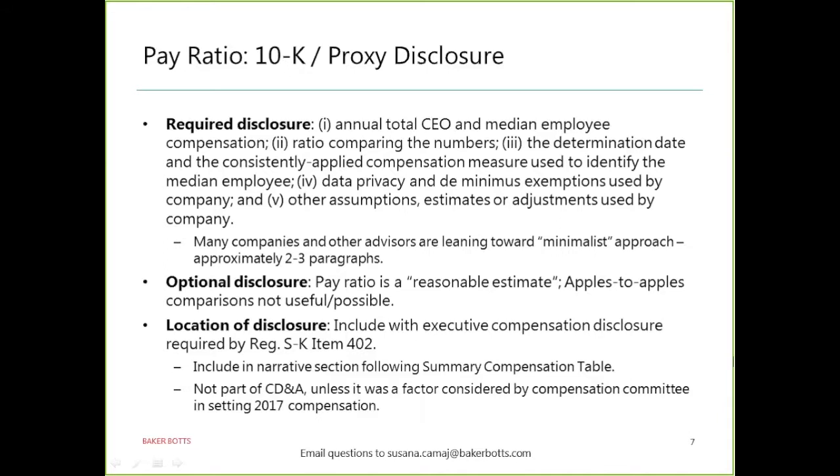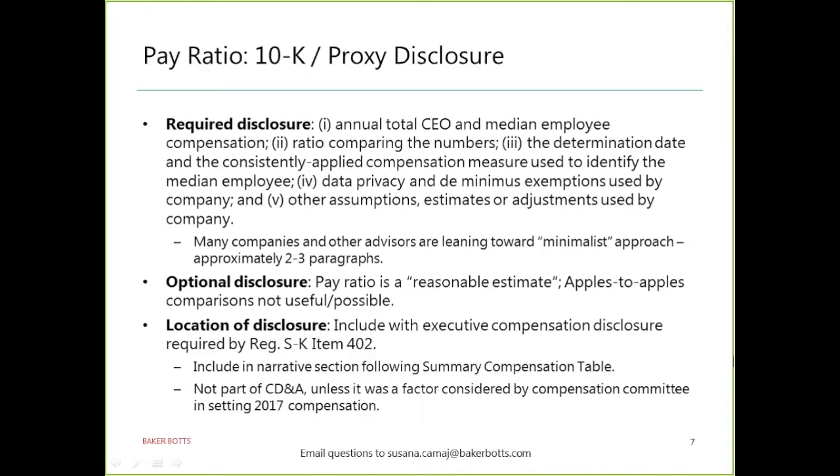So their employees in these other countries where perhaps the data privacy law was in play, these companies were able to get the compensation information of the employees, but the employee names were held back so that you could assign a code number for each employee and still get the individual employee data. So the data privacy exemption didn't seem to be one that other companies were going to be using.